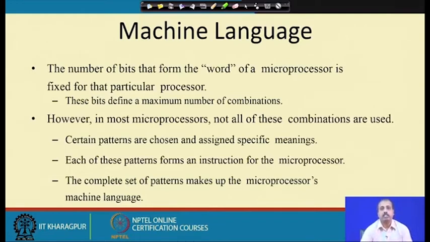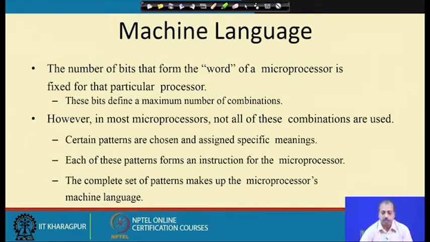However, for complex processors, that number may not be that significant, and the word size is also large. So, it is 16 bits. That way the number of possible combinations for instructions is also very high. When the processor fetches a word from the memory, its type will determine the meaning of that word.